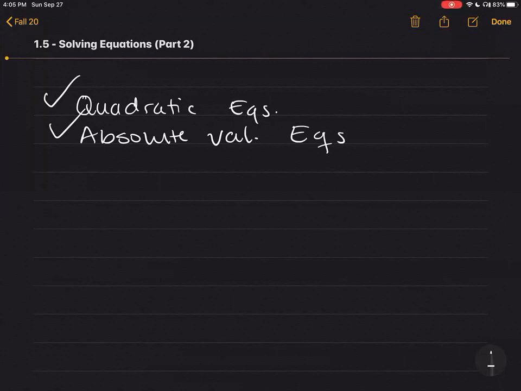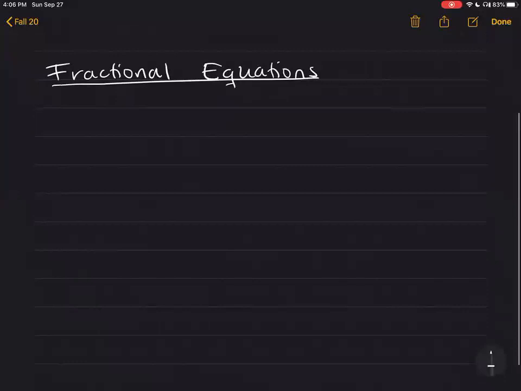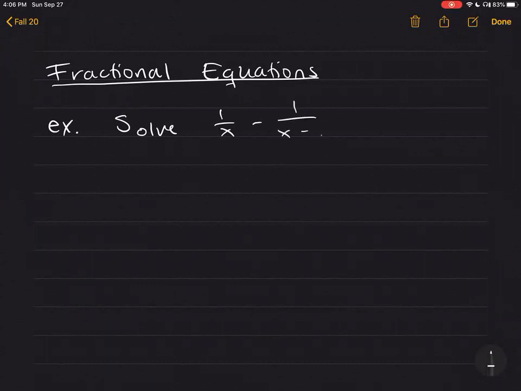So first, let's talk about fractional equations. Everybody's favorite. So let's do an example to kind of see the technique. So let's solve 1 over x minus 1 over x minus 4 equals 1.